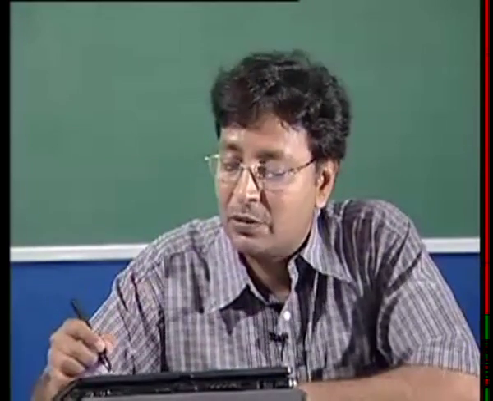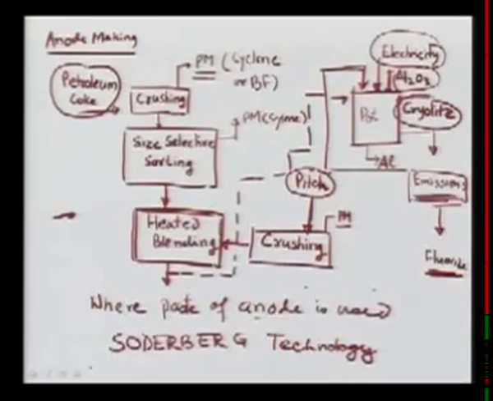But in the process, once we are doing the baking in the pot room, the emissions will also include VOCs, because the baking is taking place inside the pot. So inside the pot room there will be emission of VOCs, PAHs, some H2S.